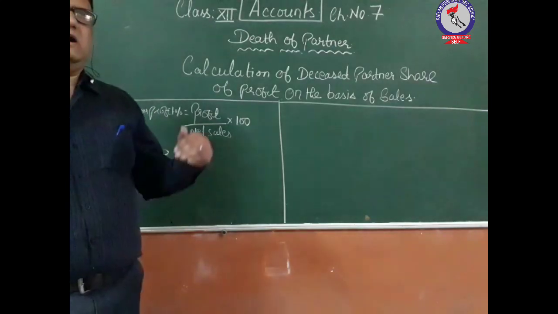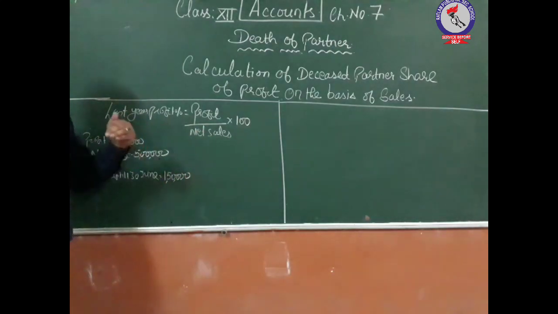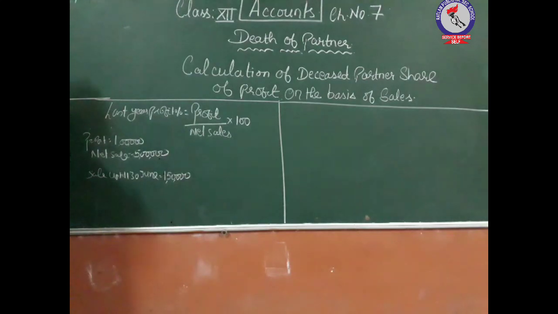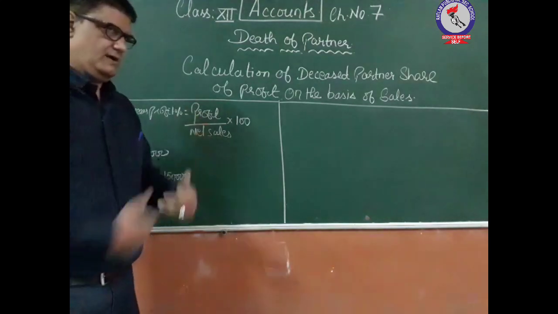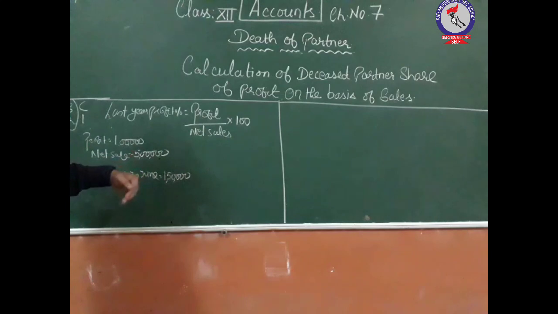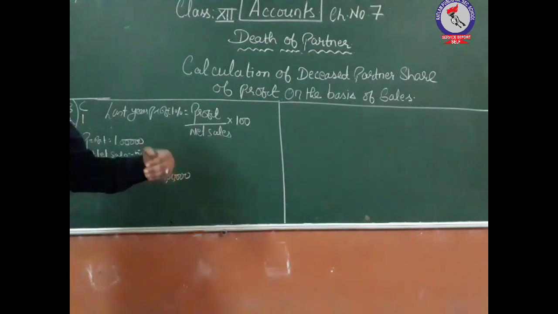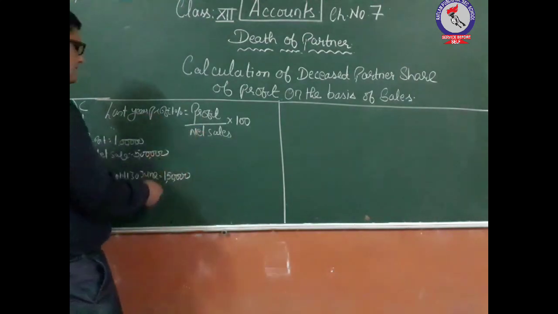What will be the share of the outgoing partner? Let's say there were three partners A, B and C. Their profit sharing ratio was 3:1 and B died on 30th June, and up till that date the firm had a sale of 1,50,000. Now it is asked how much profit will be given to B. So how will we calculate it?